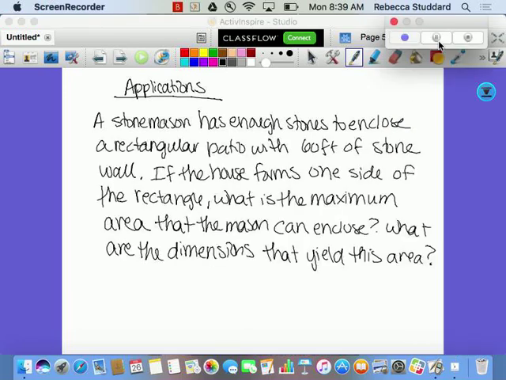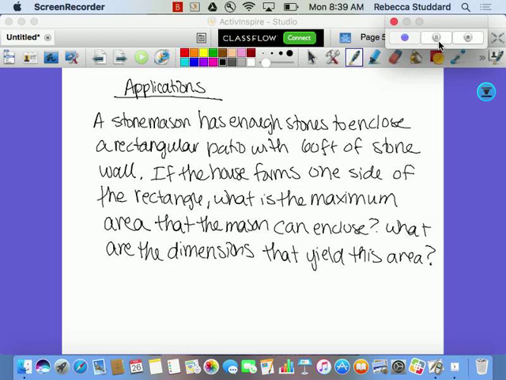All right, when a problem with a quadratic asks for a maximum or a minimum, what do we say we're going to use? K. Okay, the y coordinate of the vertex. So we need to write a quadratic first. So a stonemason has enough stones to enclose a rectangular patio with 60 feet of stone wall.